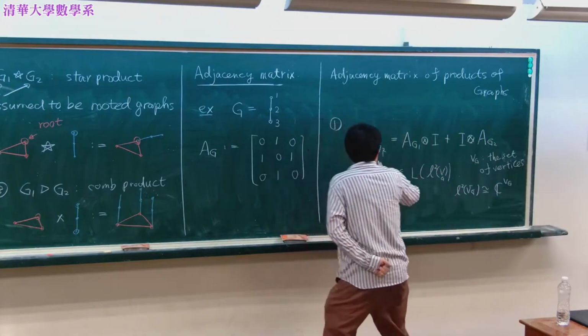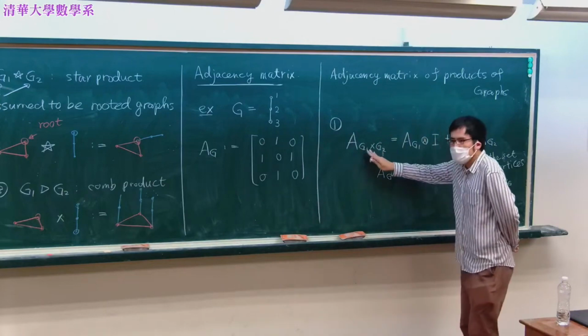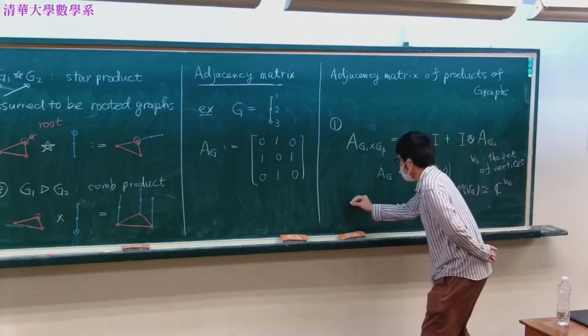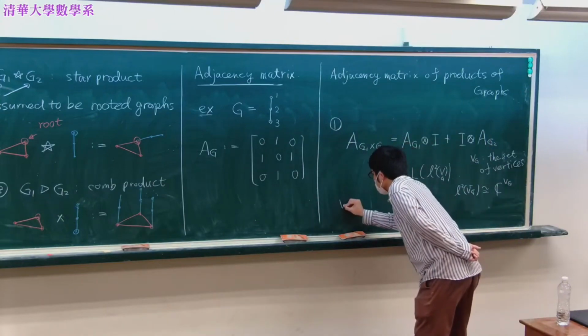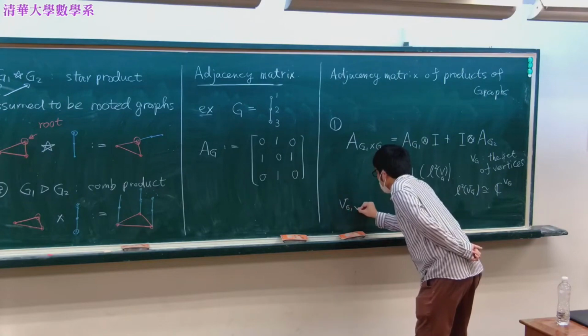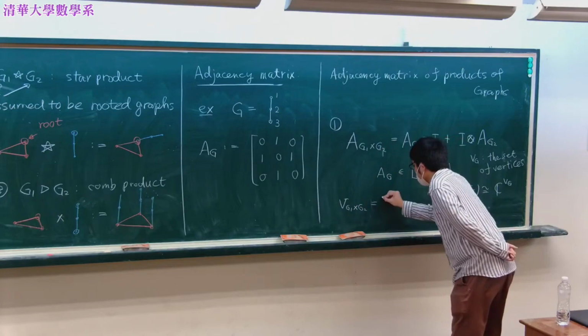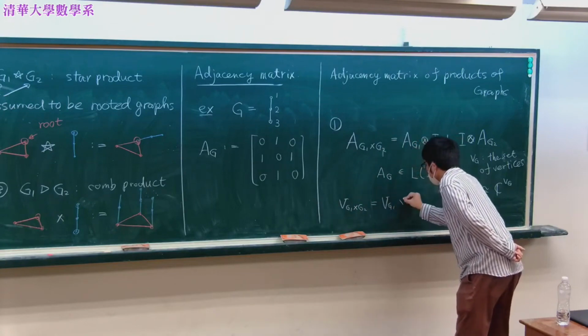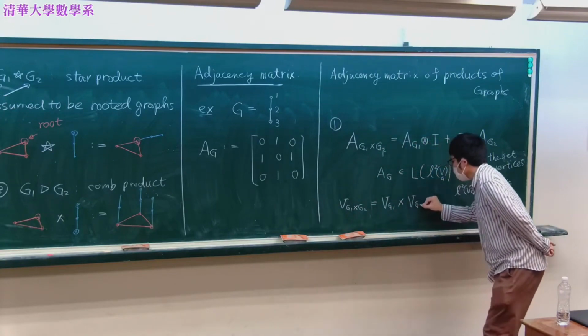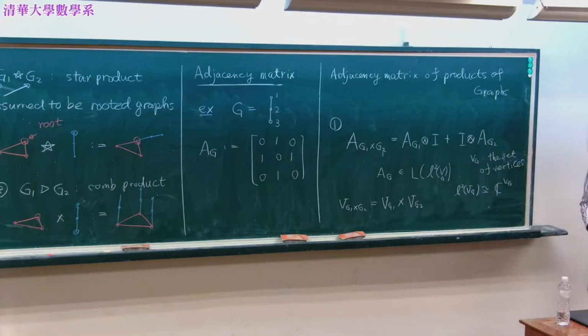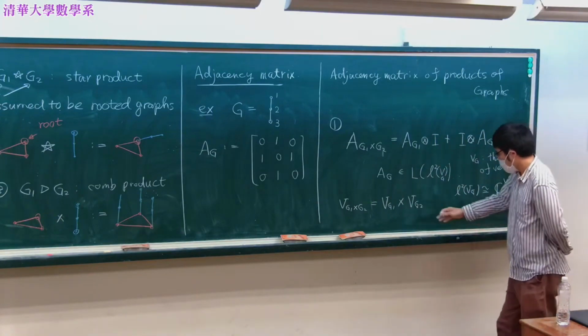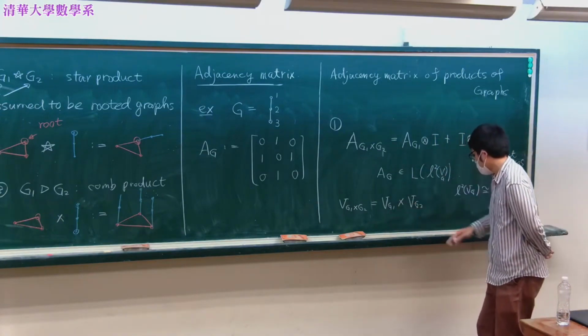And then the vertex set of the Cartesian product is just V_G1 times V_G2, a direct product of two sets.